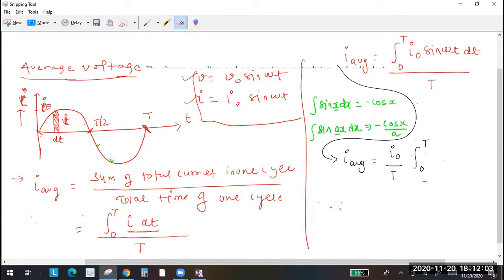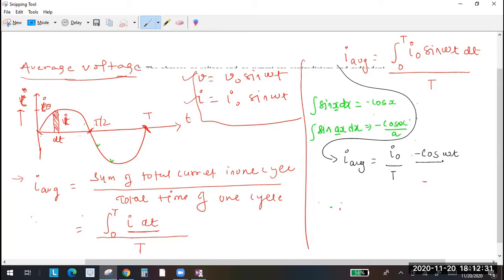Now if I integrate this value, can you tell me what will be the integration of sine omega t if I use this formula? Minus cos omega t, sorry, I forgot this: it should be over a, so over omega.